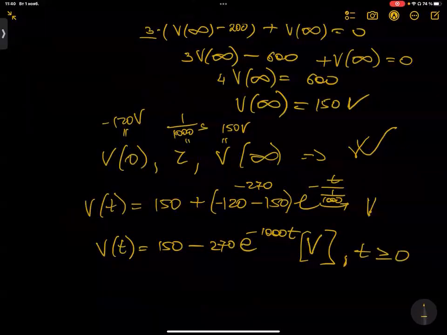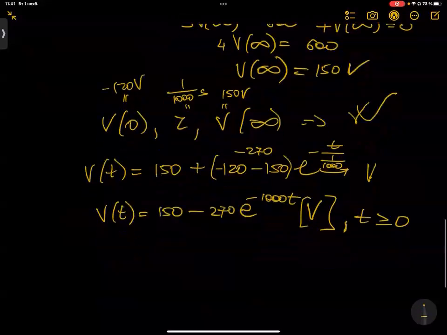So that's it. Hopefully you understood the step response of RL and RC circuits, and that we can find the V(t) or i(t) function for RC and RL circuits respectively.